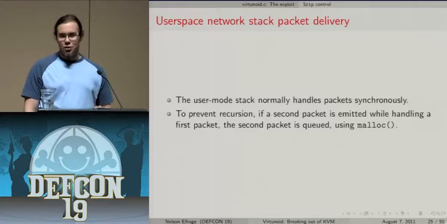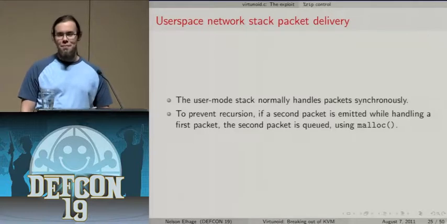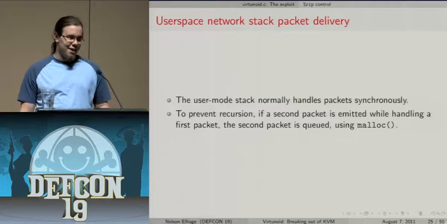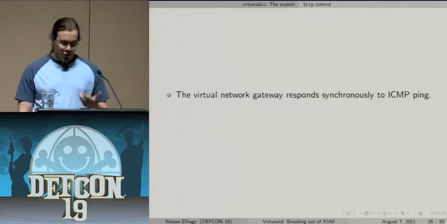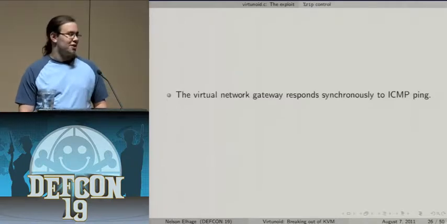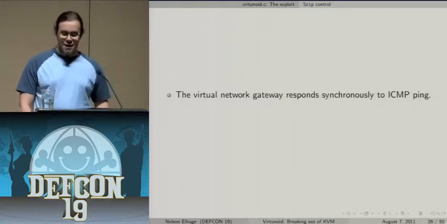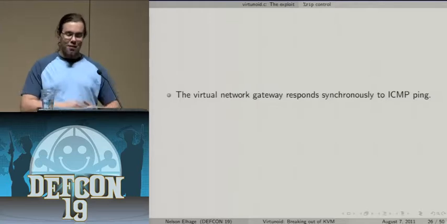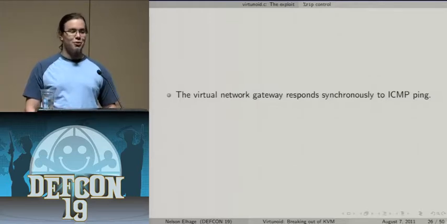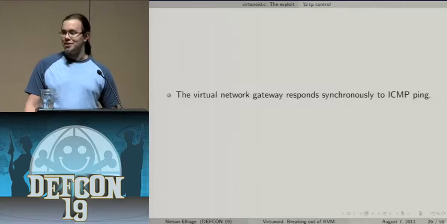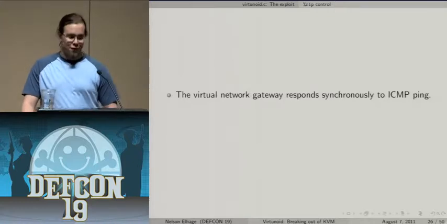Can anyone think of a network service that has that property? Ping, ICMP ping echo packets. So the way we're actually going to force allocations inside the guest is by pinging the virtual gateway. It will reflect the ICMP packets back at us with the payload of length we control and contents we control, which will force mallocs and let us exploit this use after free.